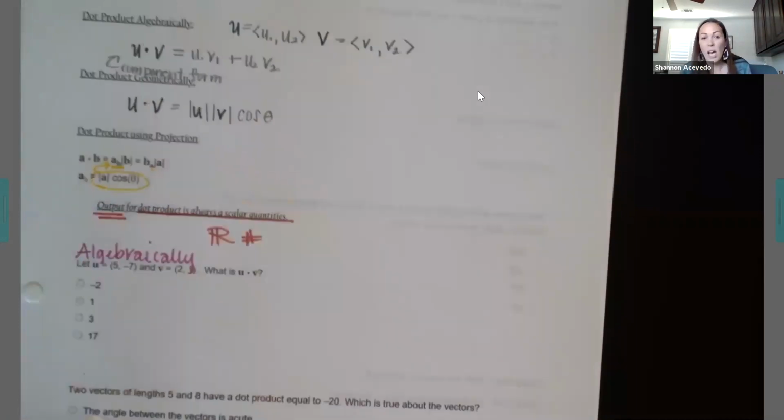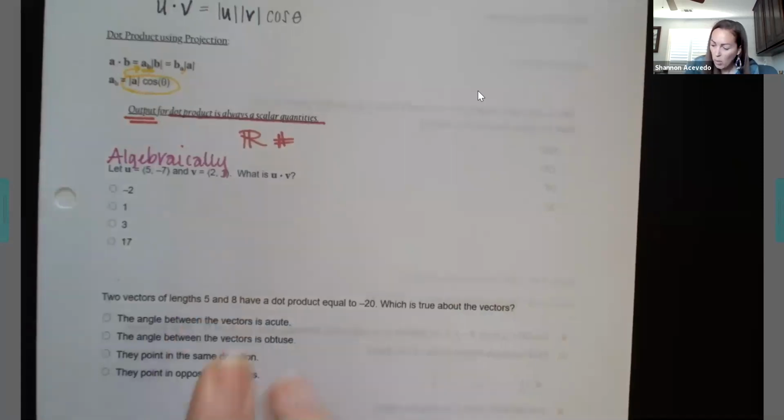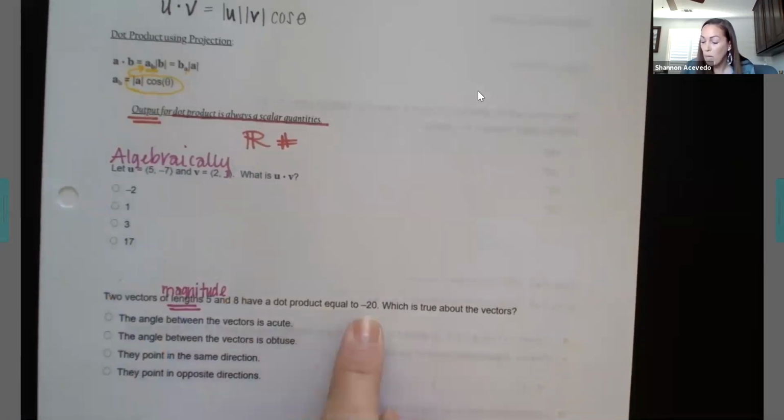If I look here, I have the lengths of two vectors. Well, lengths, remember, is just the magnitude, right? So I have the lengths, and the result is equal to negative 20. What is true about the vectors?